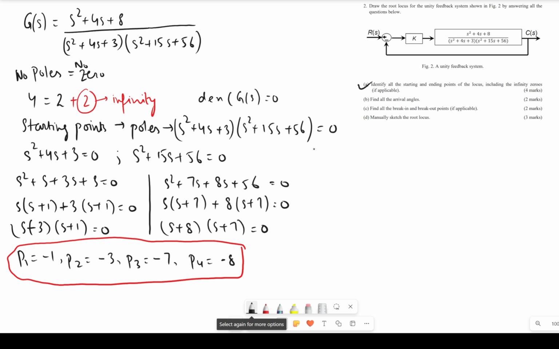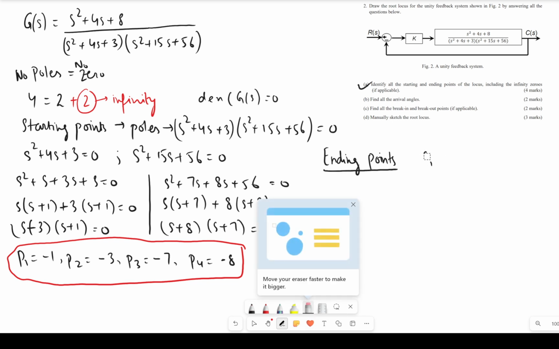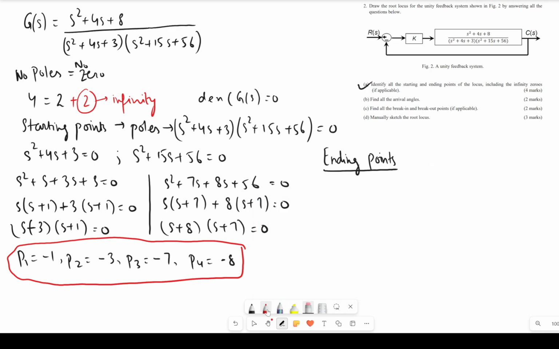Next, we need to find the ending points. To get the ending points, we need to set the numerator of G(s) equal to 0. The numerator is s squared plus 4s plus 8 equals 0.